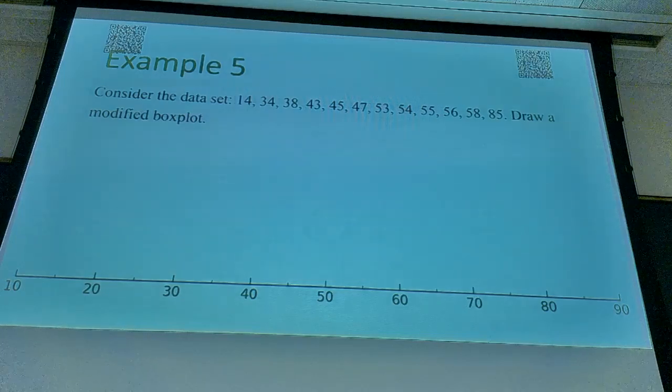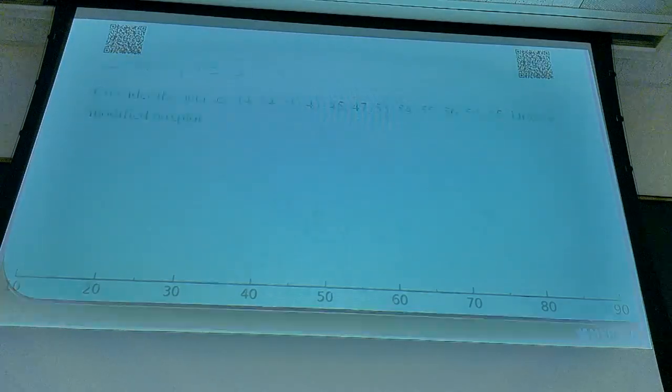So given this data set, we want a box plot. Which means we don't really need the 5-number summary. Not really, but we'll find it. So I'm going to do most of this work on a different slide.